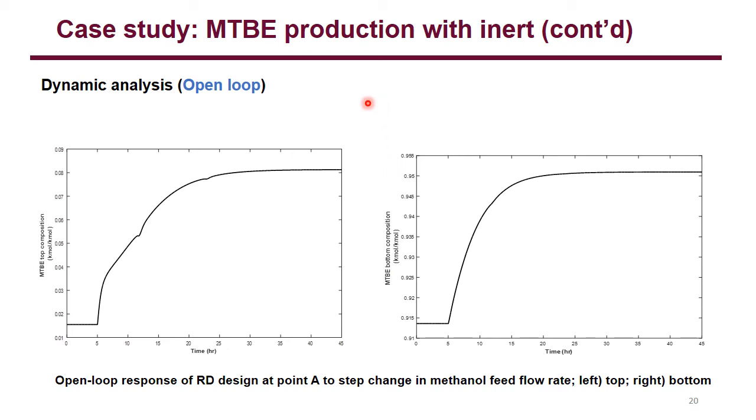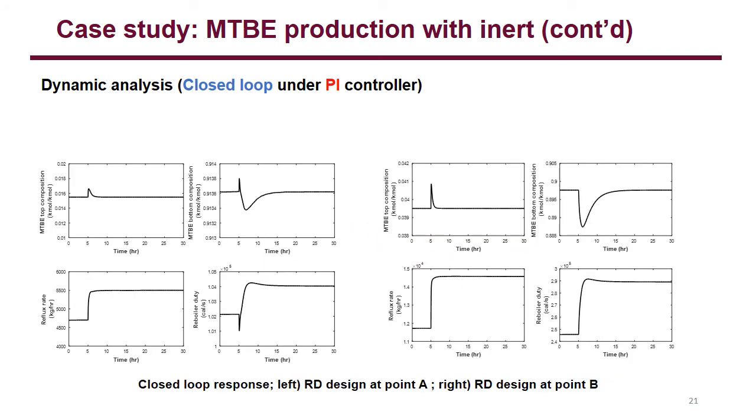Then we proceed to a dynamic analysis. We perform the open loop simulation and check that a new steady state is reached for both the top loop and the bottom loop. Then we perform the closed loop simulation under a PI controller. On the left, we have the RD design at point A where the driving force was maximum, and on the right we have the RD design at point B where the driving force was not maximum.